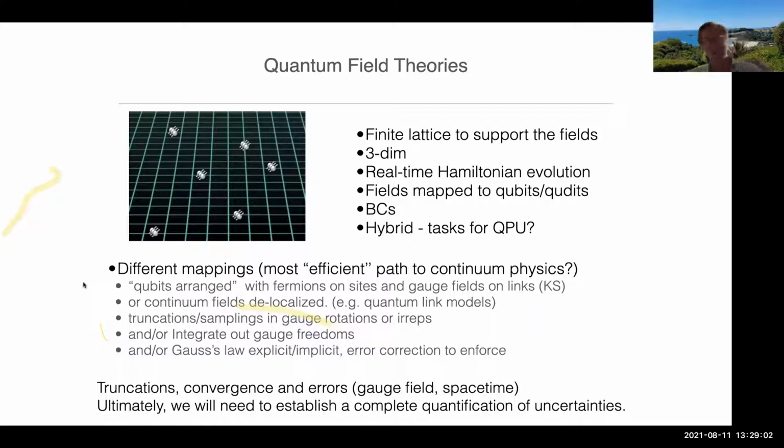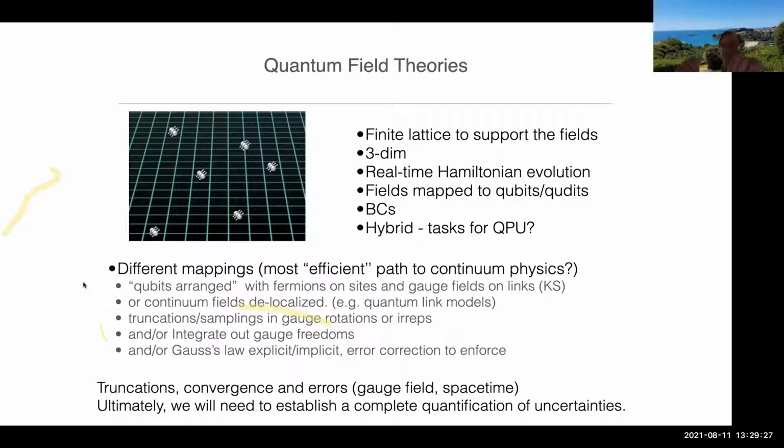So, for instance, for QCD, or scalar field theory, one can imagine having a fixed number of qubits per lattice site that are then distributed on a grid, or one can imagine having a grid with a single qubit distributed over some fabric, and then renormalization group scaling is used to recover the theory of interest.